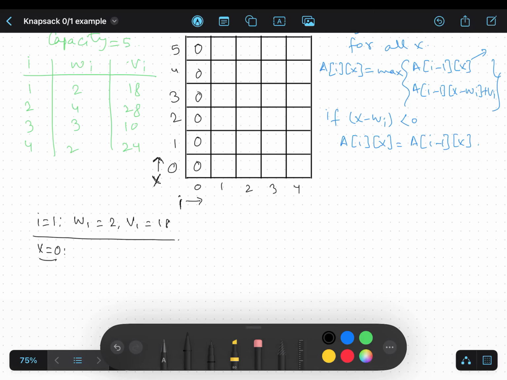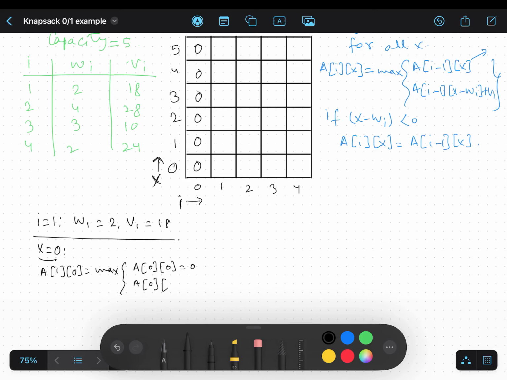So when x is equal to 0, then we are calculating A(1, 0), which is the max of A(I minus 1, x), so A(0, 0) is 0, and the second condition A(I minus 1, x minus Wi).